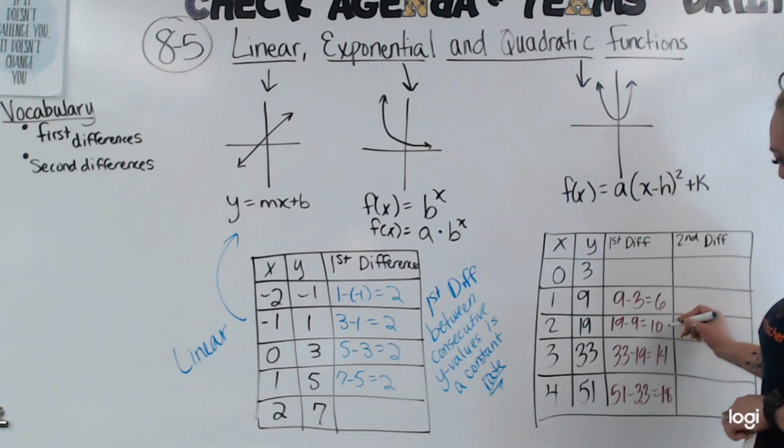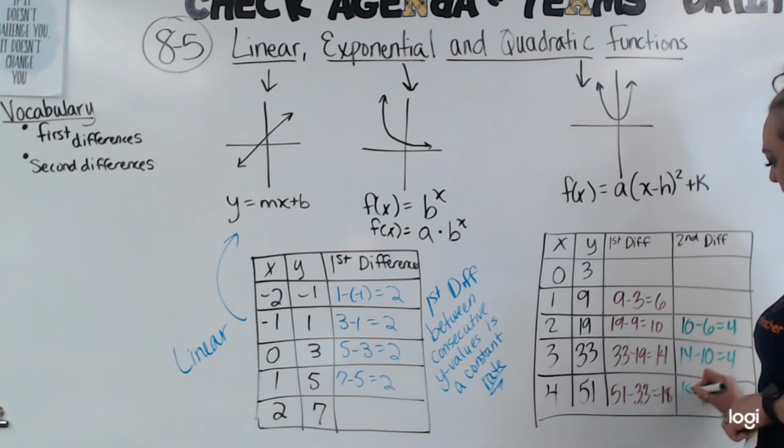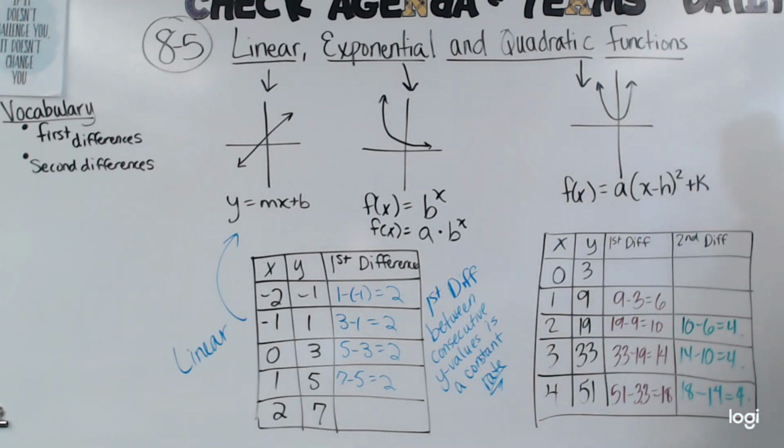So we're going to do 10 minus 6, 14 minus 10, and you can see now that our second difference is 4. These are all now the same, okay? When you find a constant in the second difference, that is a quadratic function.